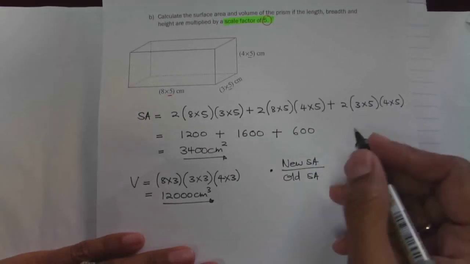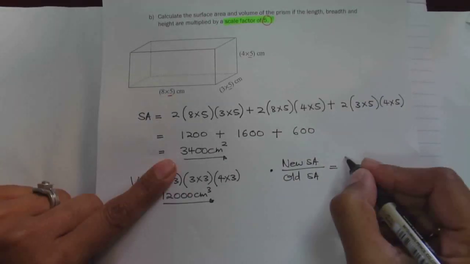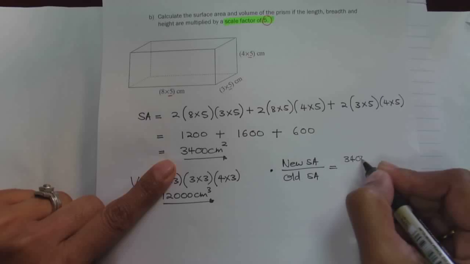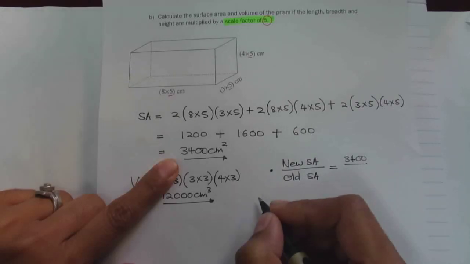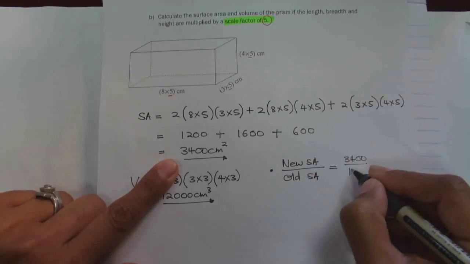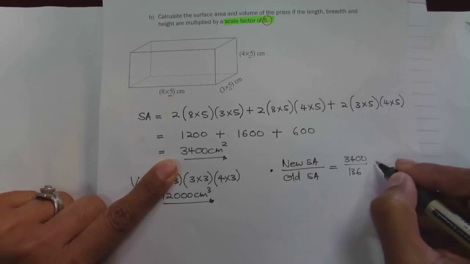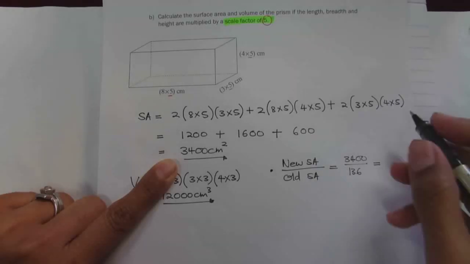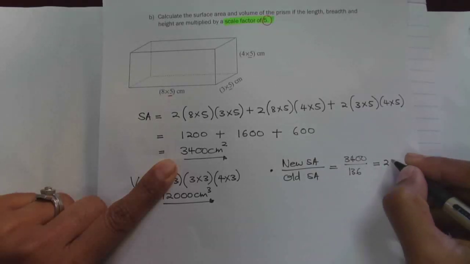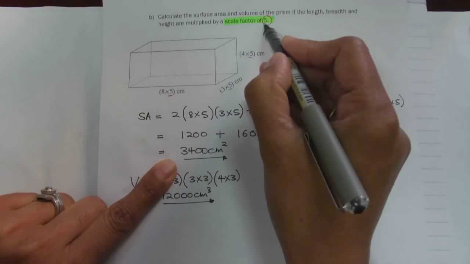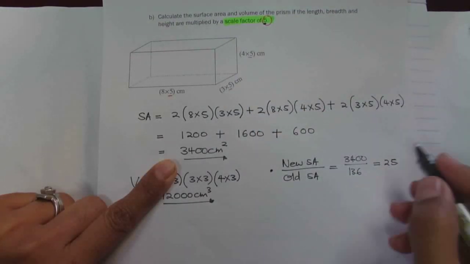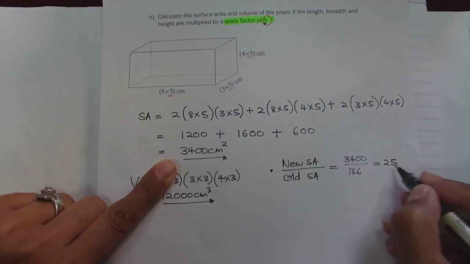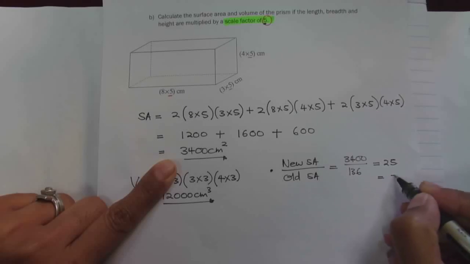When you look at your new surface area, your value is 3,400 divided by 136. And that gives you, work it out quickly, 25. Now, a scale factor of 5. So let's rewrite 25 as a base 5, which will be 5 squared.